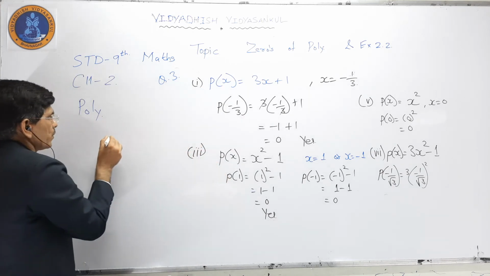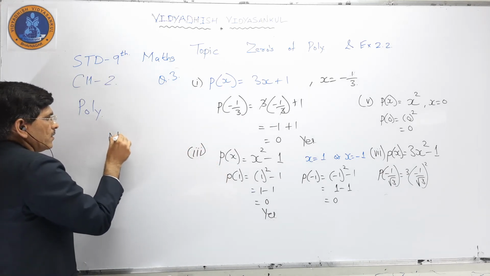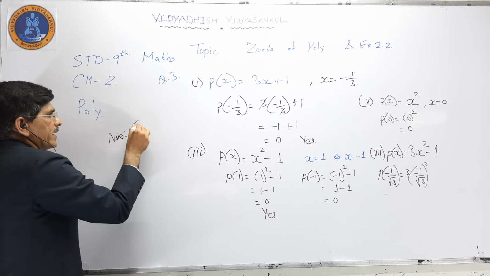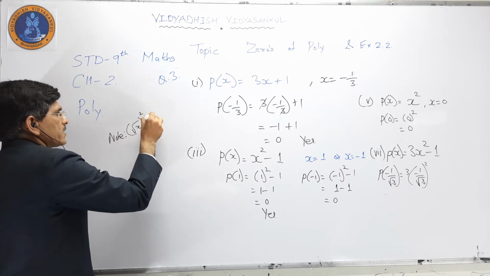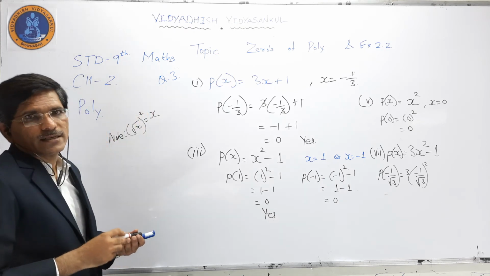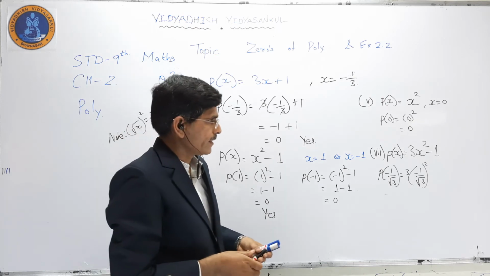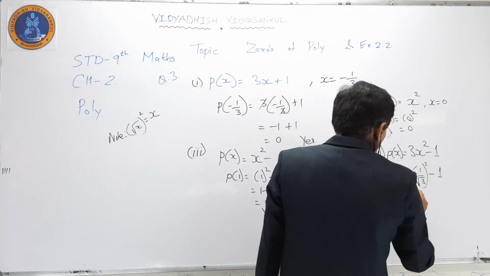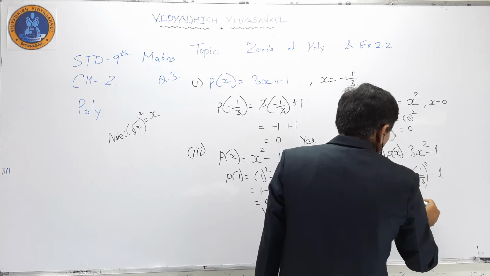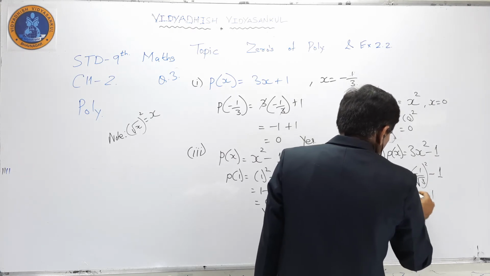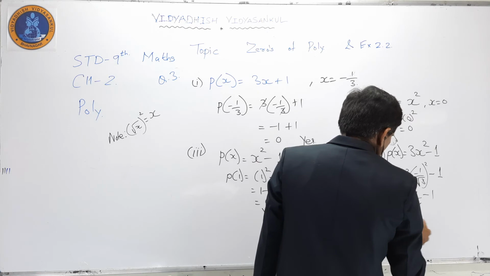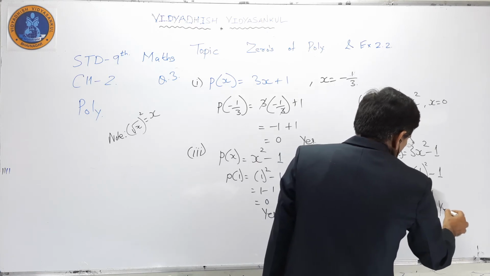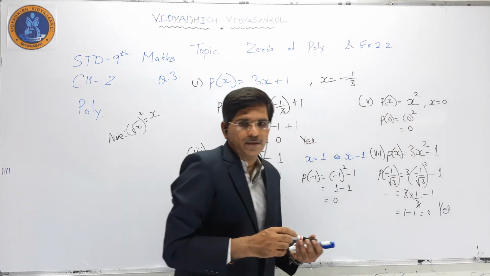So here is a note: under root x whole squared, the answer is always x. We can note it here. Minus 1. So 3 multiplied by 1 upon 3, minus 1, the 3s cancel. So 1 minus 1 is equal to 0. So we can say yes.